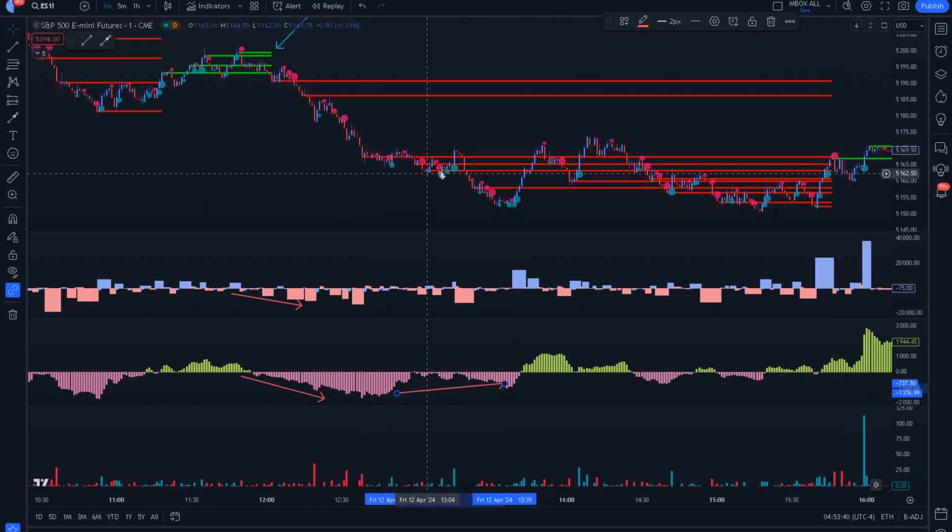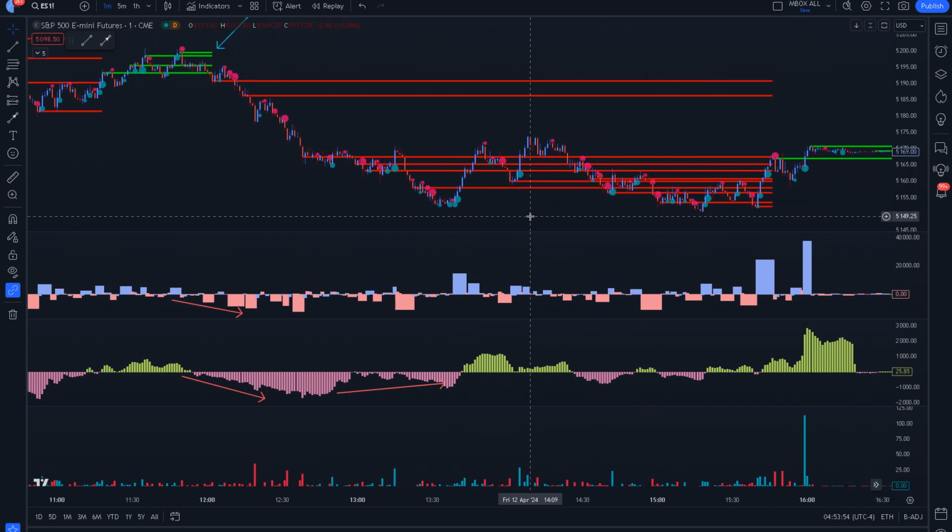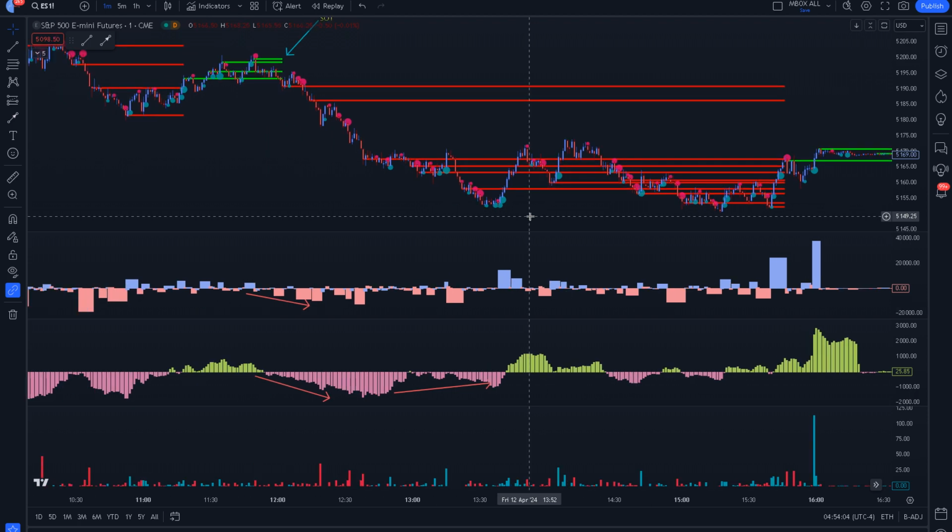So if you didn't get out by here, I would probably have gotten out around here at this point. But you could get out where you want to. It's just you're getting a lot of these floor lines, which means that there's just a lot of activity and price is sort of undecided.